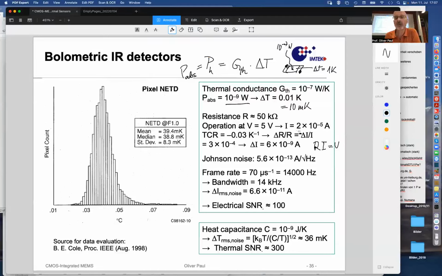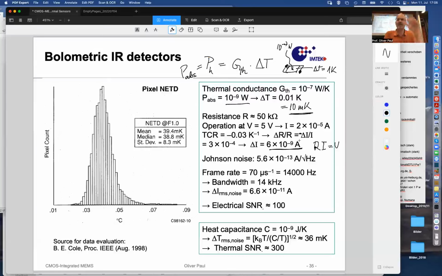And now the current is 2 times 10 to the minus 5 amp, which means that the delta I that we will have to detect corresponding to these 10 millikelvin will be 6 times 10 to the minus 9 ampere. So the circuitry has to be quite performing.